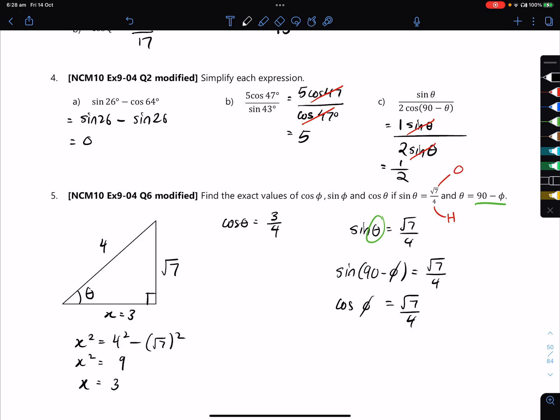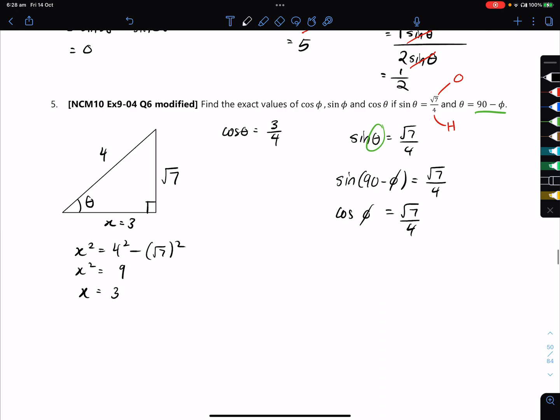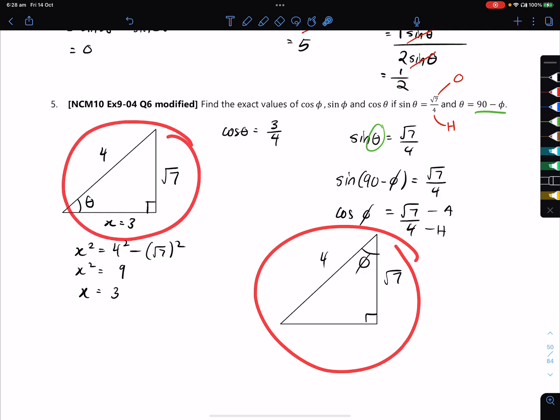So cosine of phi can be drawn like this. I can put phi here, and that will be adjacent over hypotenuse, which is root 7 over 4. And what do you know? That triangle is actually the same as this triangle.